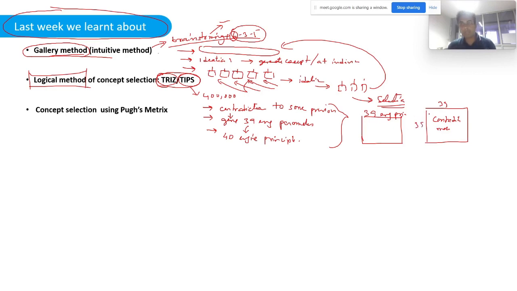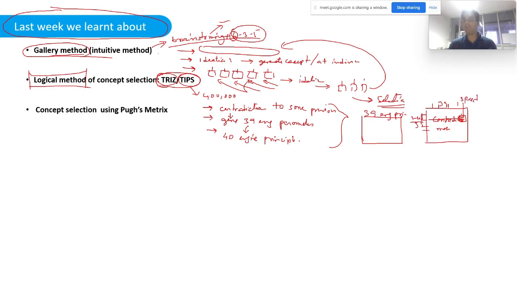For our concepts, whatever parameters we select, we find if there exist any contradictions. For example, weight is a parameter which contradicts with speed.